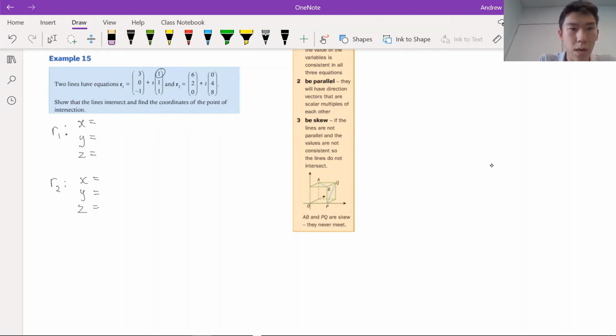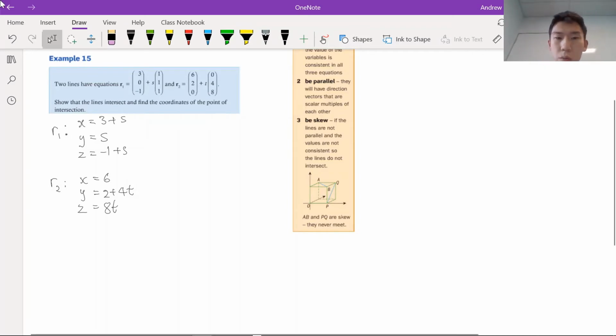So x for r1 is going to be 3 plus s, and x for r2 is going to be 6 plus 0, which is 6. Okay, get what I'm doing? And then y, we go 0 plus s times 1, which is just s, and then for r2, 2 plus 4t. And then for z, negative 1 plus s, and then we have 0 plus 8t, which is 8t.